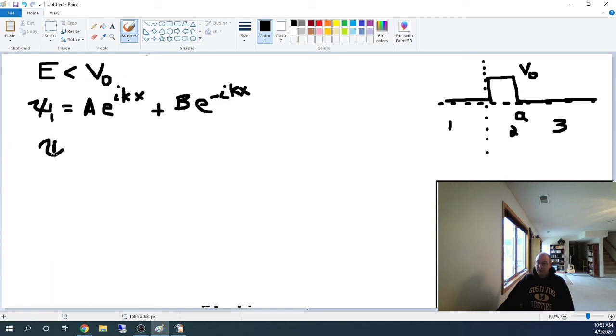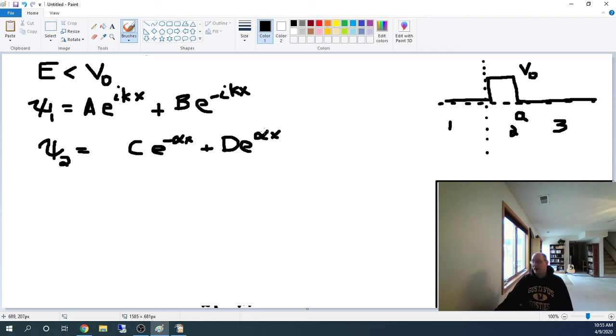In region 2, we have C times e to the minus alpha x plus D times e to the positive alpha x. And notice that we can keep the positive exponential here because this region is bounded by a, so the probability density would never get infinitely far away.